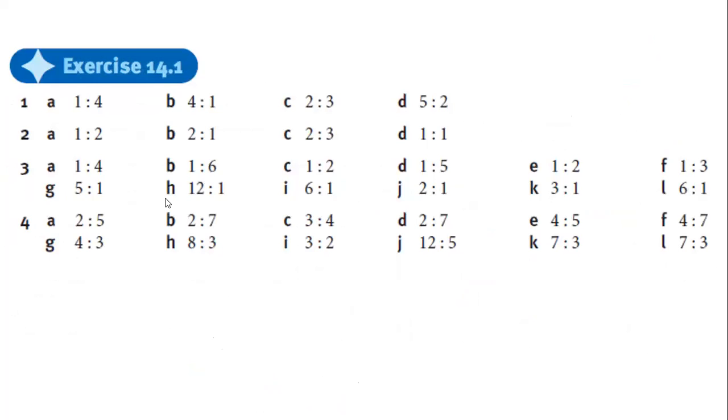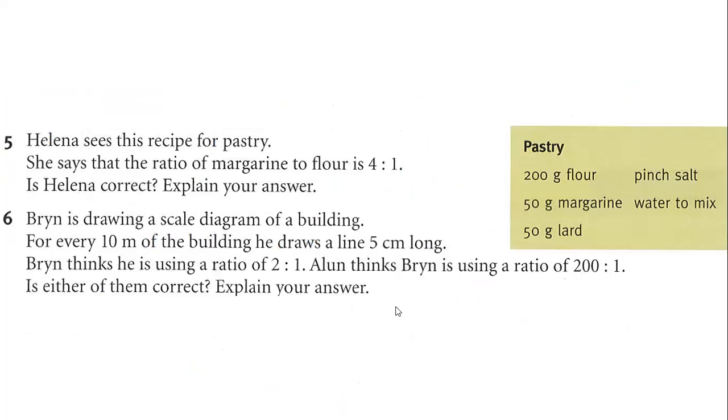Let's move on. Here we have new questions. These are the answers of all these questions. Now let's talk about Helena. See this recipe for the pastry. Here she mentioned the margarine to flour. Margarine to flour, how do I write here? Margarine is 50 and flour is 200. Once we simplify it, we are using 50 on both sides.